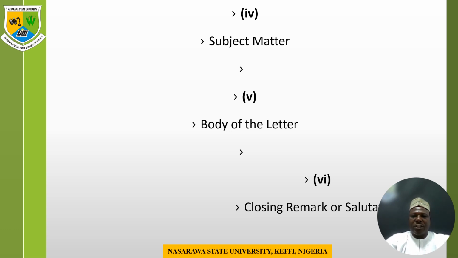Here, we're just implying, remember, you have just been told that the body of the letter can be formed in terms of one paragraph or several paragraphs, while Roman numeral 6 is showing you the location on the paper of how the writing of the closing remark, closing salutation may be written.